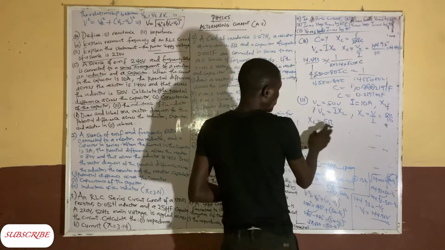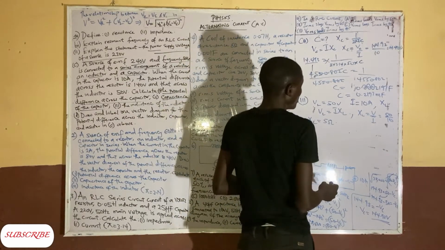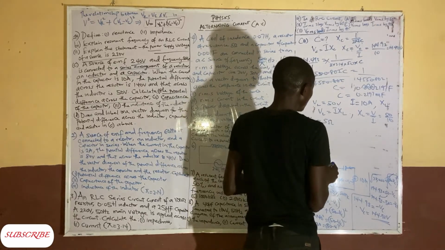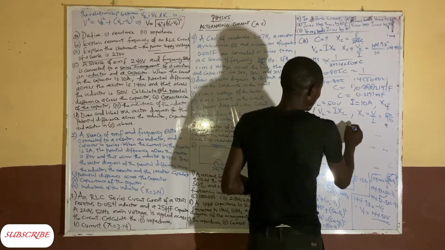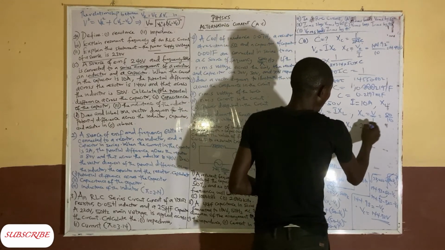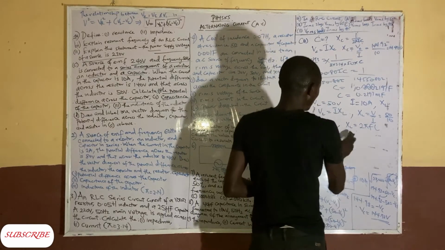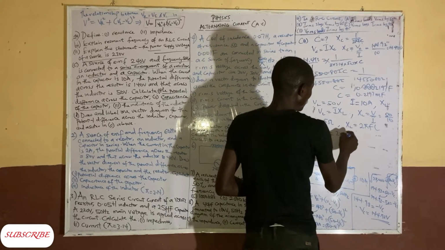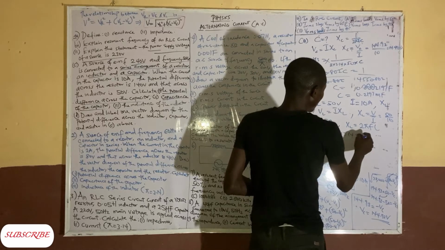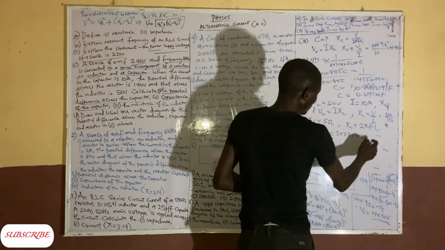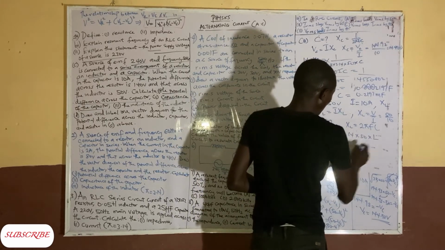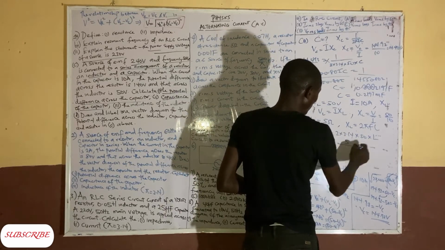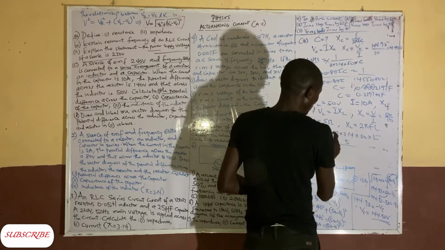So with 5 ohms, we can now get our L. And how do we get it? XL is equal to 2 pi F L. So meaning that 5 is equal to 2 times 3.14 multiplied by 50 multiplied by L. Once you multiply this one, L will be equal to 5 over 2 times 3.14 times 50.